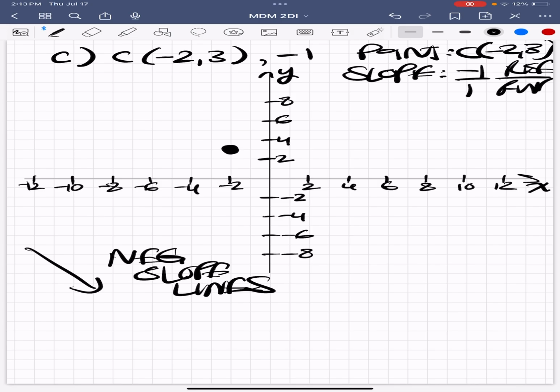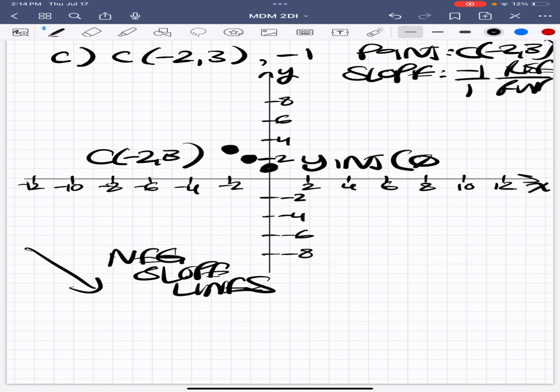And then we have down 1 over 1. And so we have C being the point there. Negative 2, comma 3. And then we have the y-intercept, which is 0, comma 1. And it's just going down 1 and over 1.